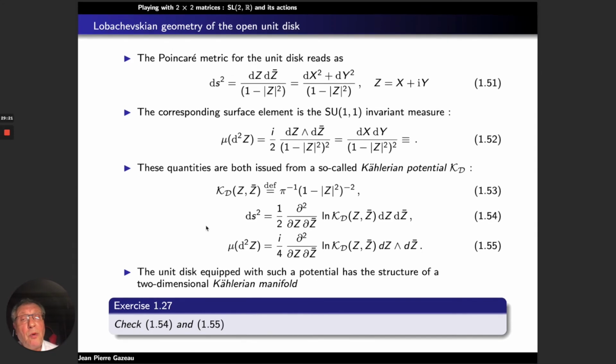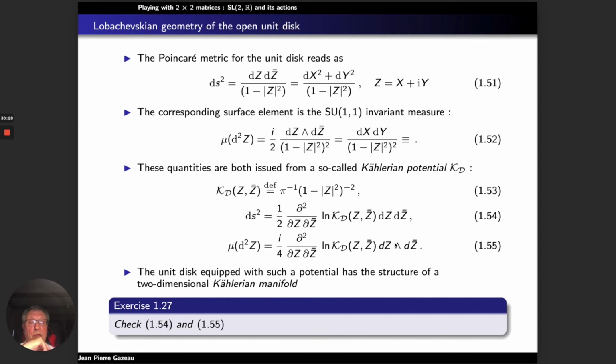And those quantities both issue from what we call a Kählerian potential K, which is defined by this function on the unit disk, and we can check that this metric is given by the action of these partial differential operators on the logarithm of this expression times dz bar, of course, and for this measure here, what you get also from this differential action on the logarithm of, let's say, I think here there is something which is not correct.